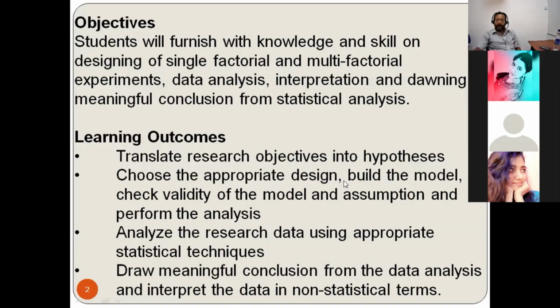With a proper and appropriate design only, you will be able to execute any experiment. Then you analyze the data taken from that experiment, and then you draw meaningful conclusions from those data after the analysis.